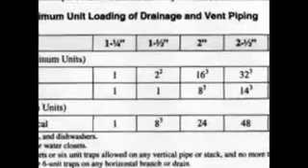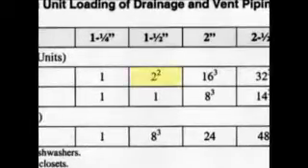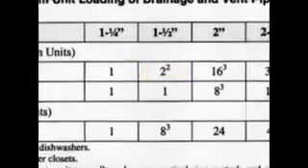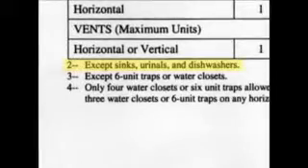Next question. Minimum size pipe permitted at B is. Now we're going to be doing the same thing we just did for A. Since we need 2 fixture units, we're going to be looking at 2 under drainage at the bottom chart. There's a note that says except sinks, urinals, and dishwashers. Well, we're not dealing with a urinal or a dishwasher.